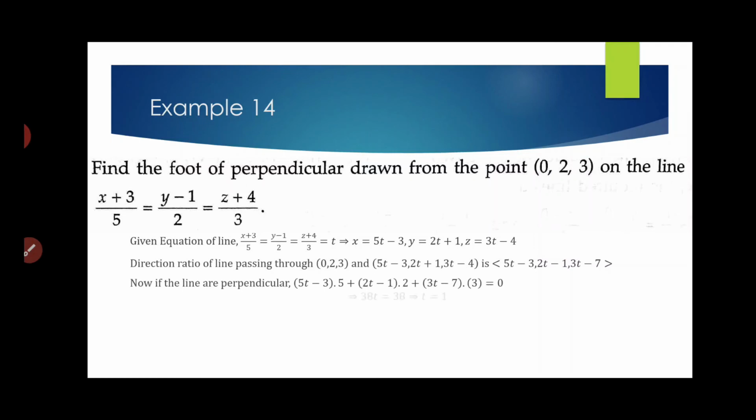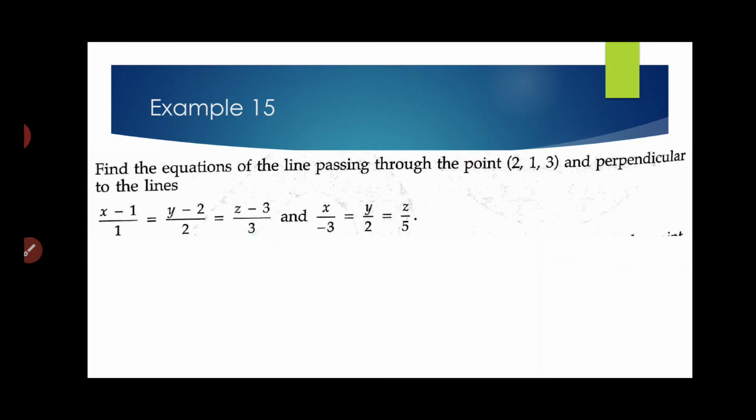On solving, I get the value of t as 1. Let us put this t back into the general equation of the straight line, and that will give me the foot of the perpendicular. So the foot of the perpendicular is 2, 3, minus 1. Go through the problem once. I'm sure you'll be able to get it.